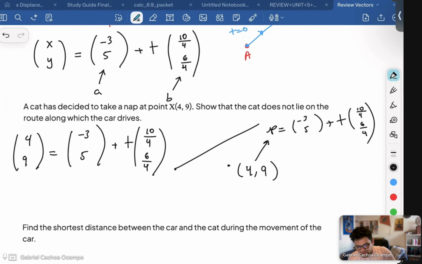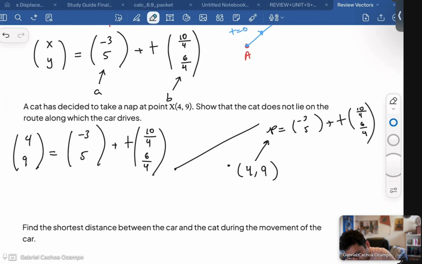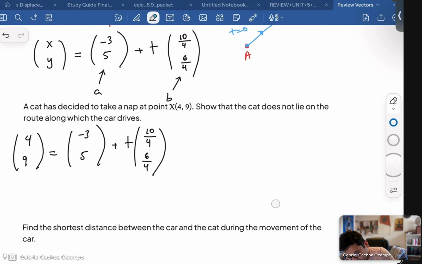To check if this point satisfies this equation, I need to check that the t's are the same. I can get two equations.